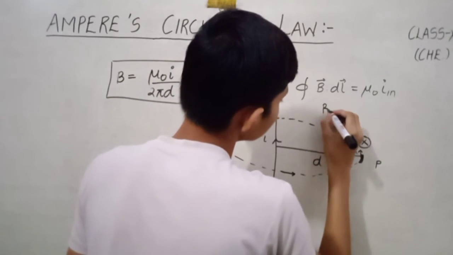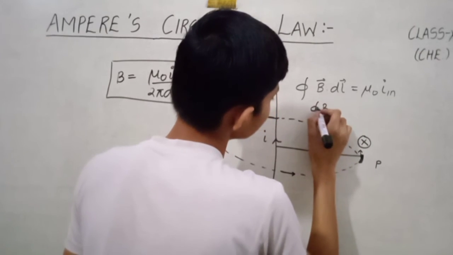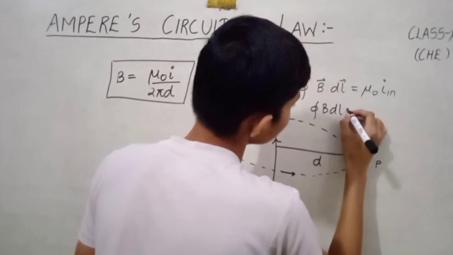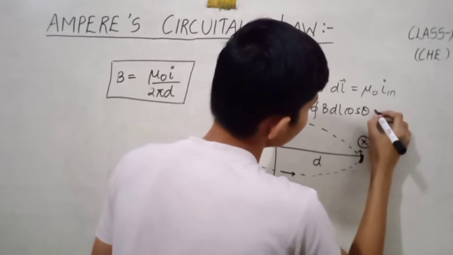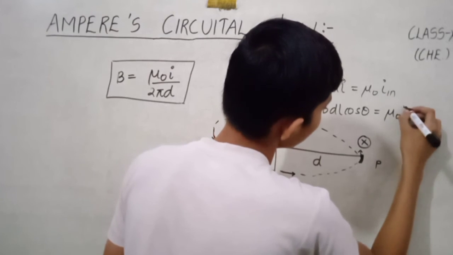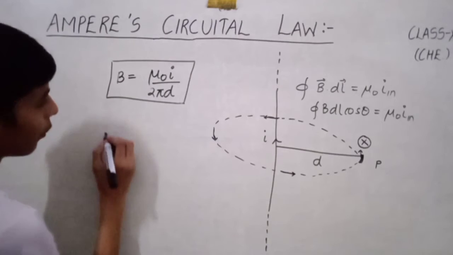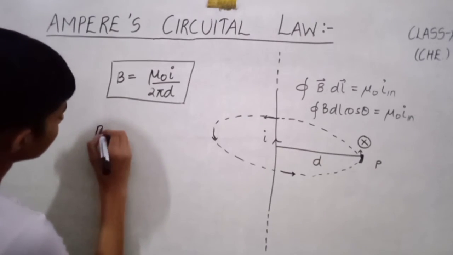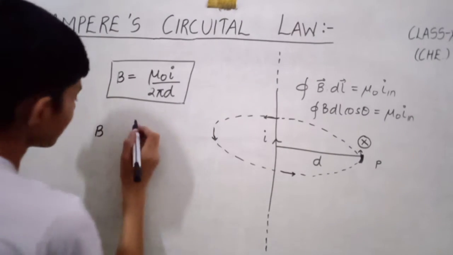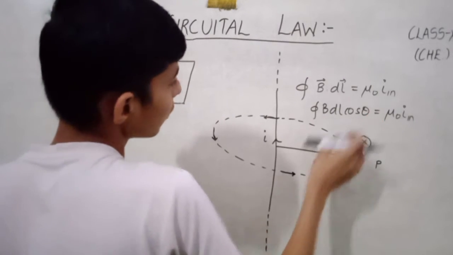So B dl cos theta equals mu naught I in. Now we have to find the magnetic field, so we take B outside, and theta is 0 degrees, so cos theta will be 1.